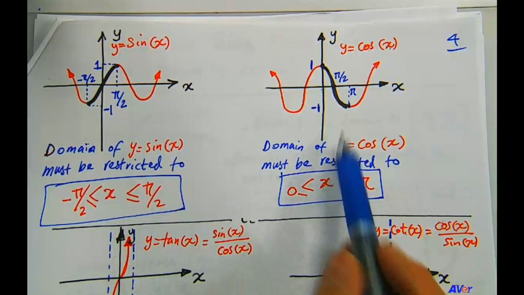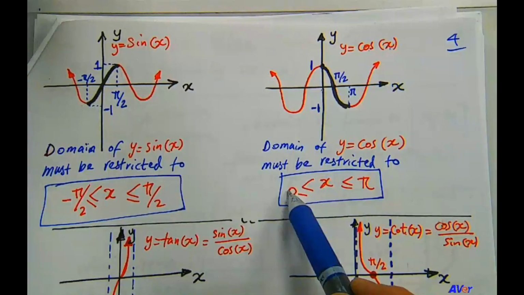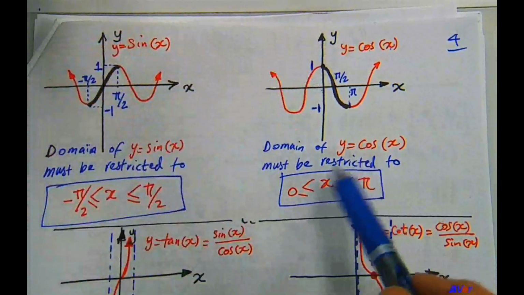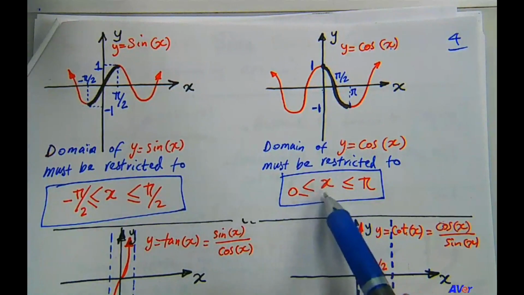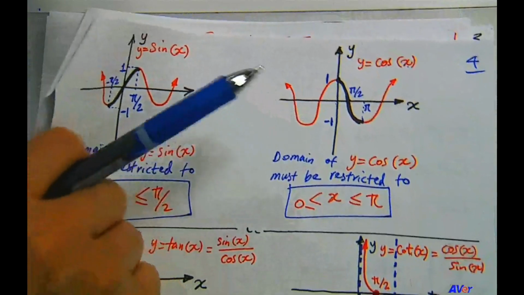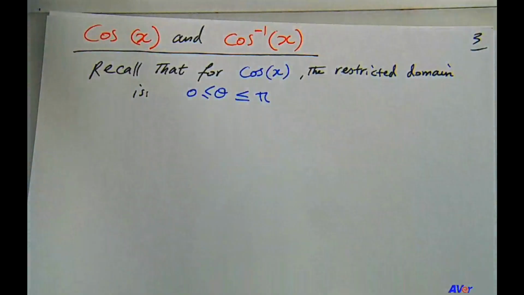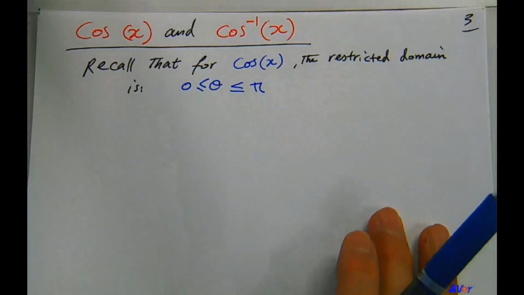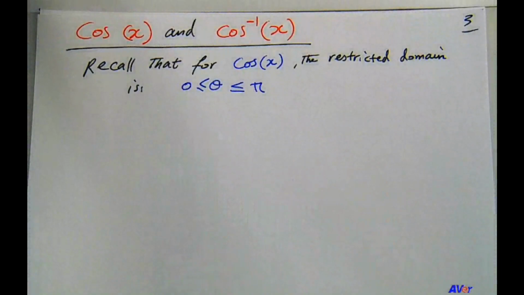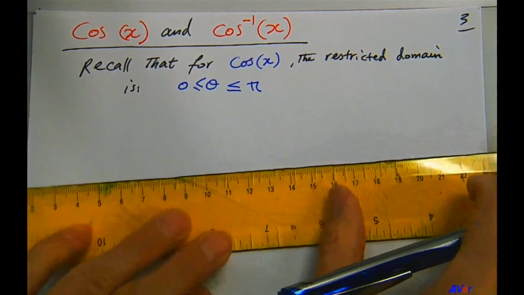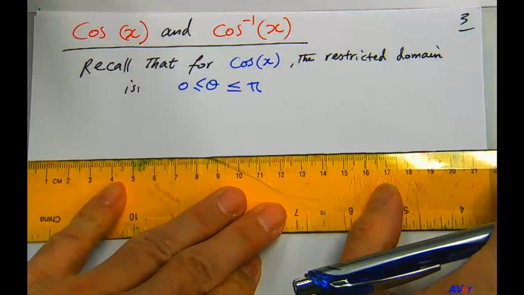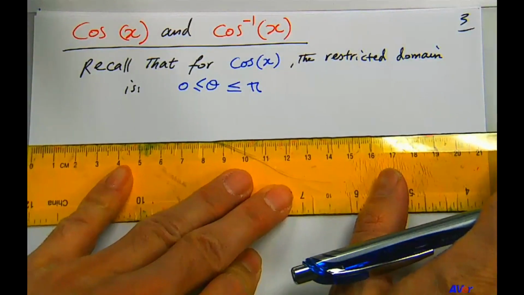So x is between 0 and pi. In our discussion today, we're not using x when we're talking about the inverse function. We're going to be talking about theta, but it's the same thing. Okay, so knowing that, let's draw a picture of this, of course. So 0 to pi.